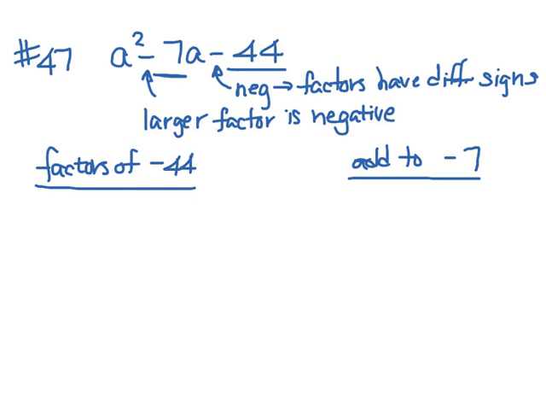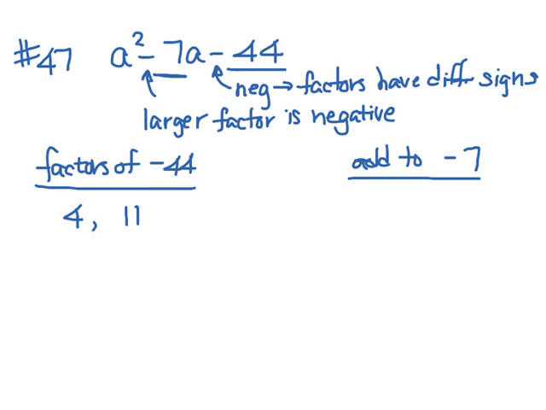And you start off with some of the obvious ones. You always have 1 and negative 44. If you don't see it right away, you know that if you have repeating numbers like that, 11 is a factor, right? So I have 4 and 11 as factors of 44, right?